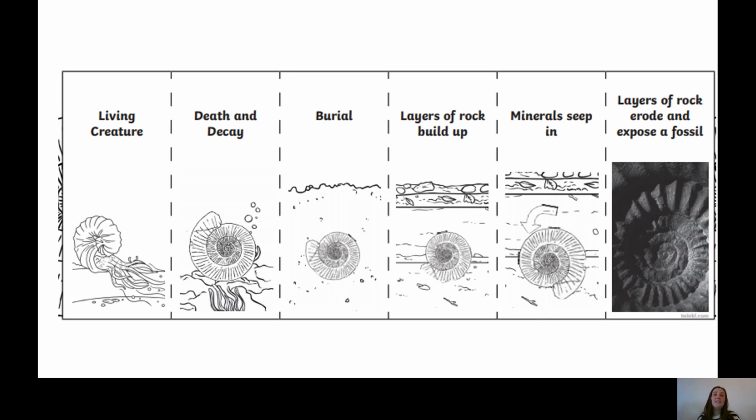Eventually, the bones or the shell get worn away and replaced by minerals which seep in. And finally, layers of rock erode, usually by wind or water, and expose the fossil. And then people are able to discover the fossil and find out what happened thousands of years before to these creatures.